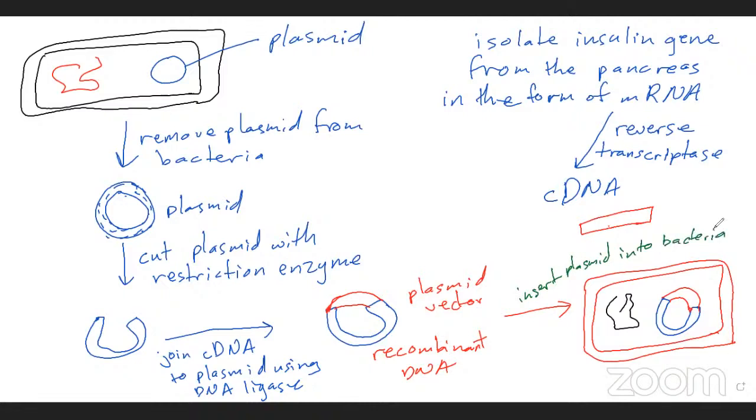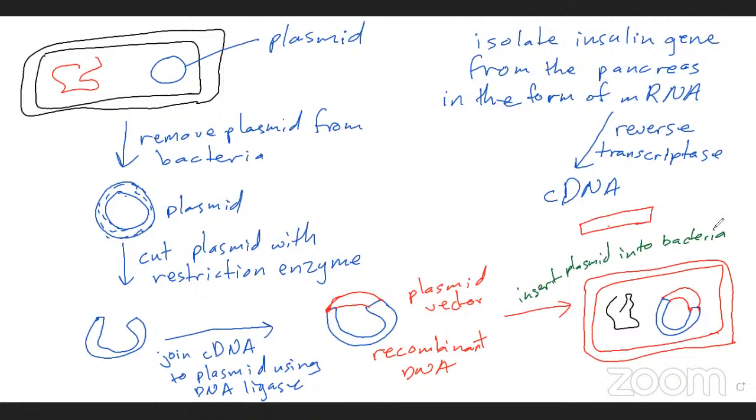Before you go into the specifics, just remember the general steps in genetic engineering. What are the four main steps? You isolate the gene, place it in a vector, place the vector in the host, and then put the host in a growth medium.